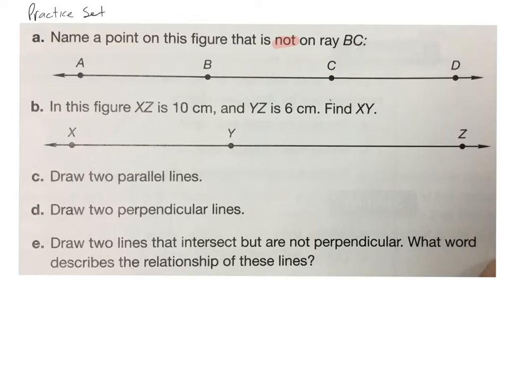Ray BC starts at B and goes through C. Remember, it goes on forever, all the way out through D as well. So since I'm looking for a point that's not on there, I'm going to say point A.